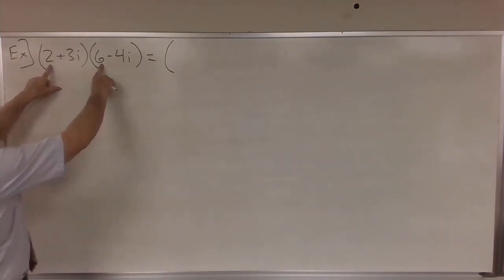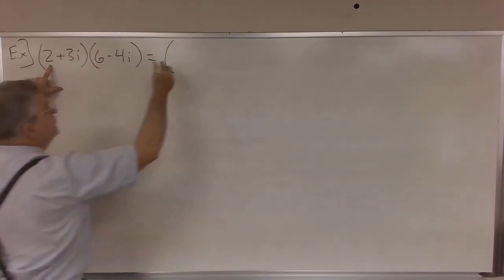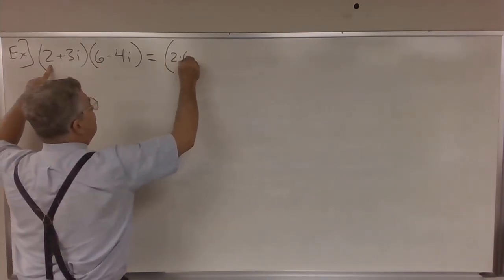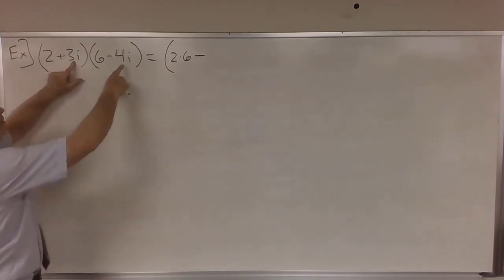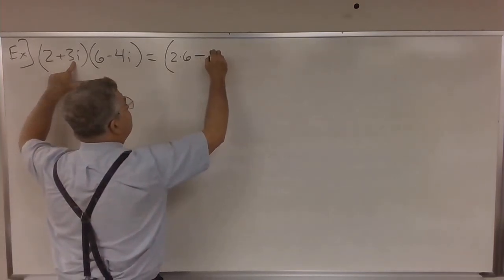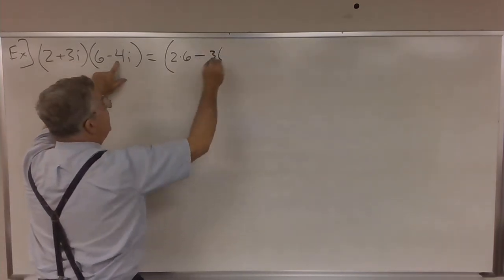We take the product of the two real parts, that's 2 times 6, minus the product of the two imaginary parts, so that's 3 and -4.